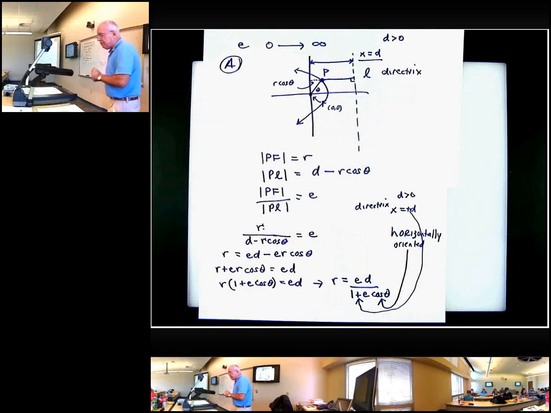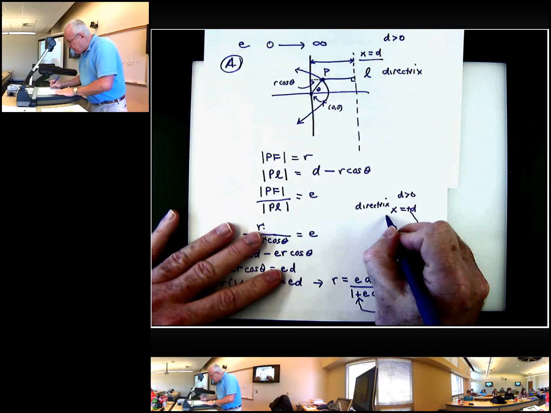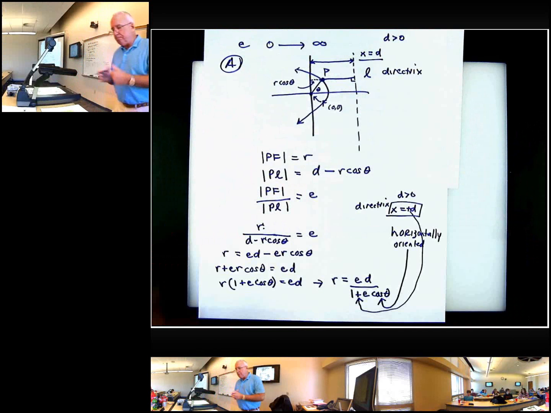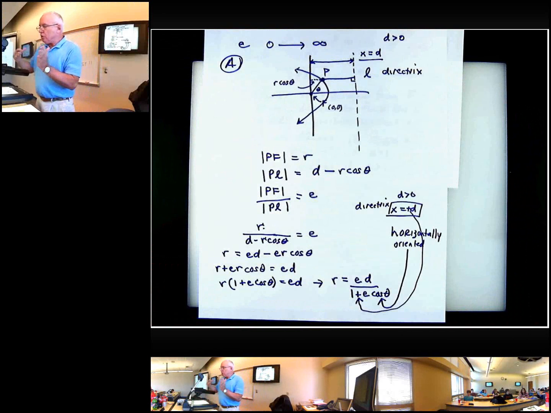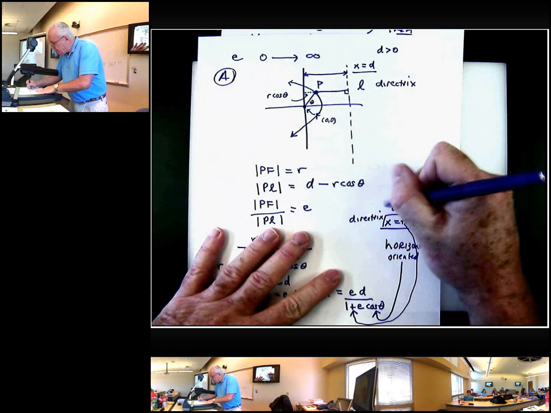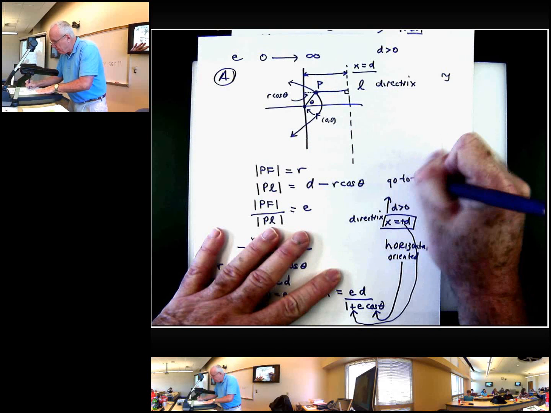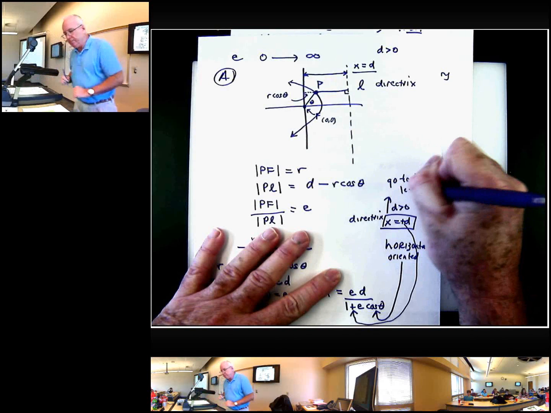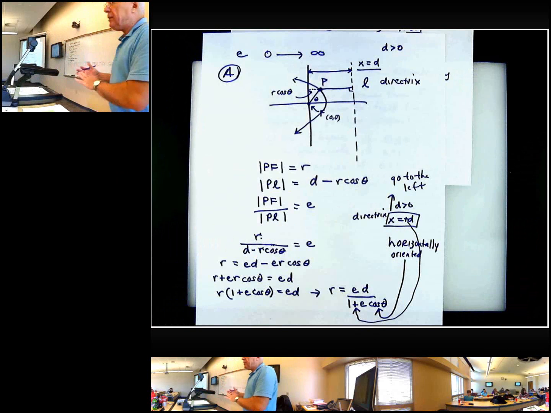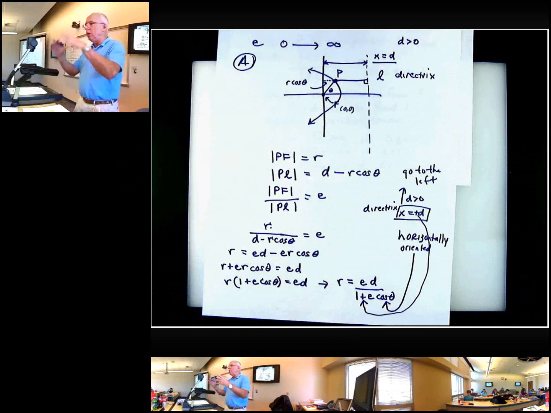So since d is a positive number, and x equals d is our directrix, which is positive, this thing is going to be going to the left, to the other direction. I'm going to be doing a similar thing with the other cases, and then finally I'm going to sum them all up in one single diagram for you guys.